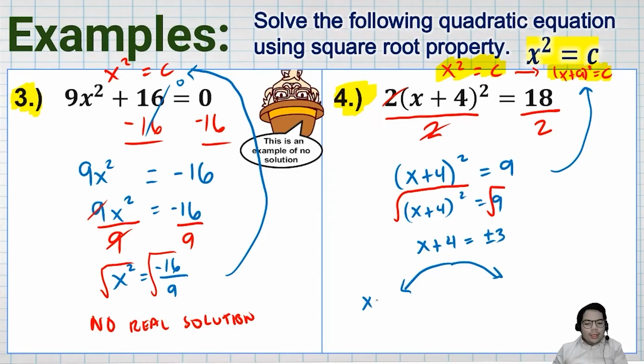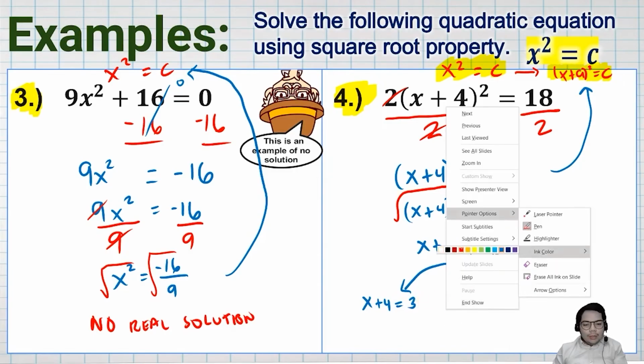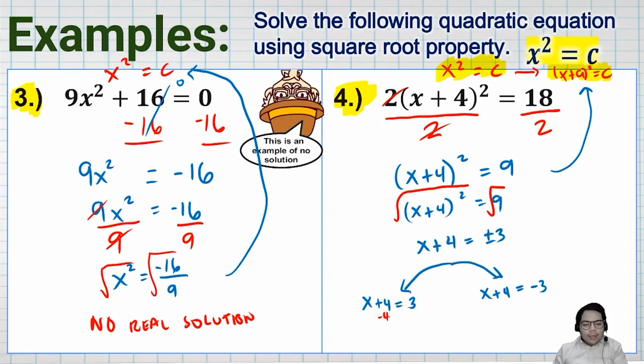So yung isa, bawat isa isosolve natin using solving linear equation. So, ito ay x plus 4 is equal to positive 3. And this one naman is x plus 4 is equal to negative 3. So, positive and negative yung isosolve natin. Dito muna tayo sa left side. Dun sa left side ng equation, to solve it, we can subtract 4 para matanggal natin yung 4 na malapit kay x.